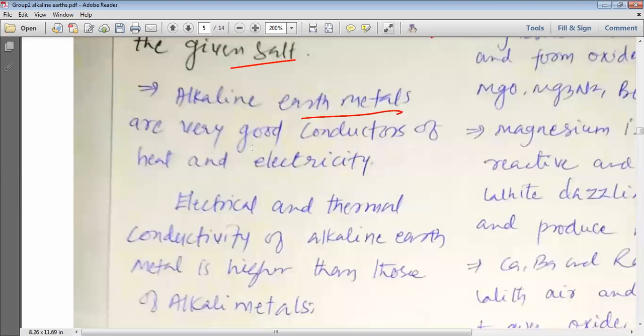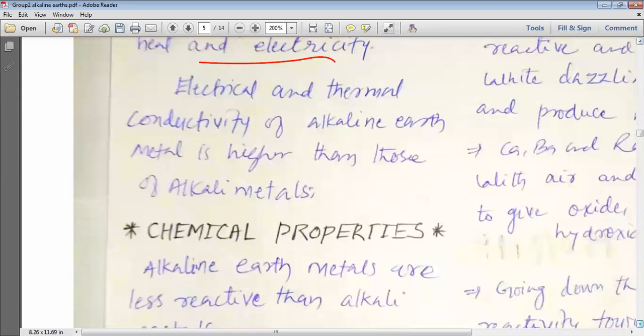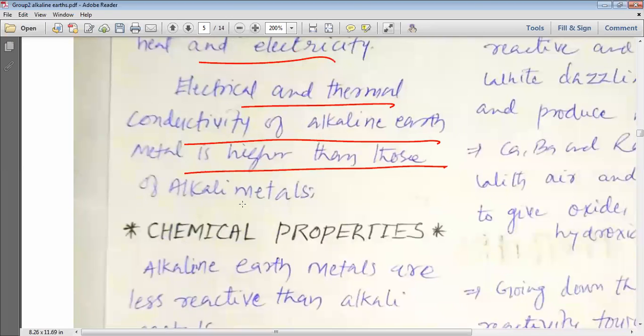Alkaline earth metals are very good conductors of heat and electricity. Electrical and thermal conductivity of alkaline earth metals is higher than those of alkali metals. Now please remember that electrical conductivity depends upon the free electrons.